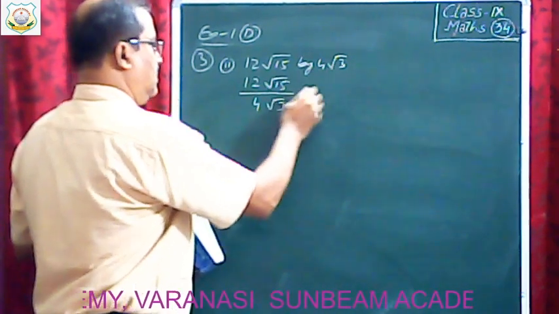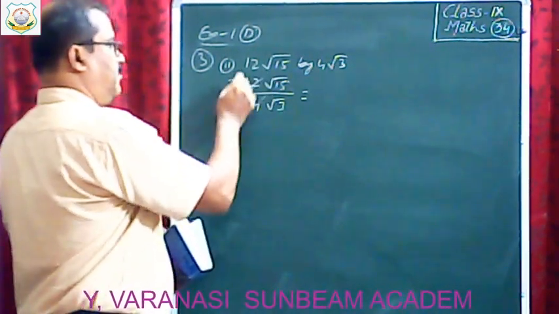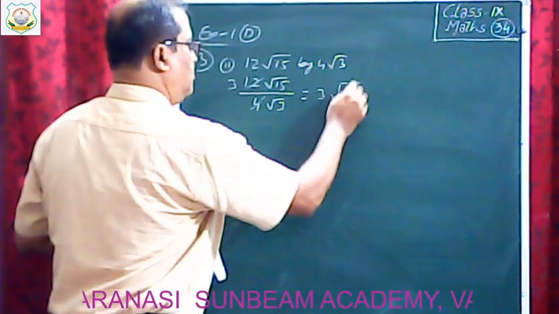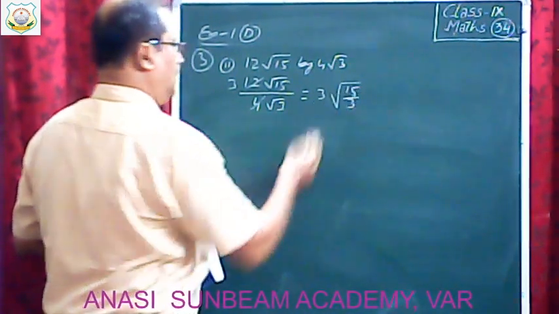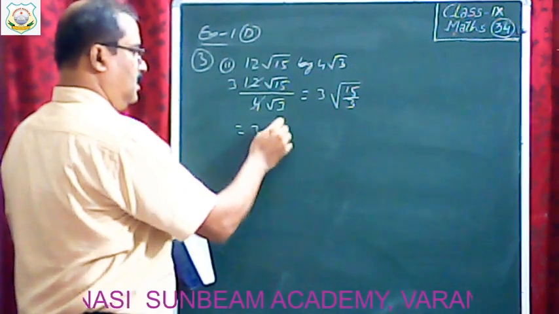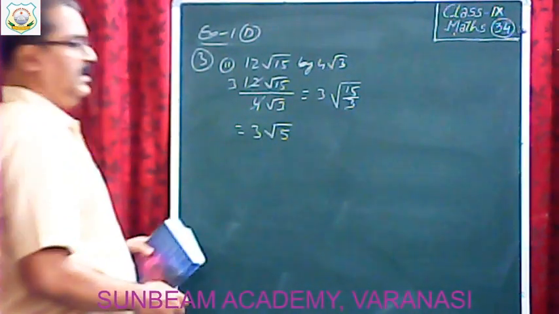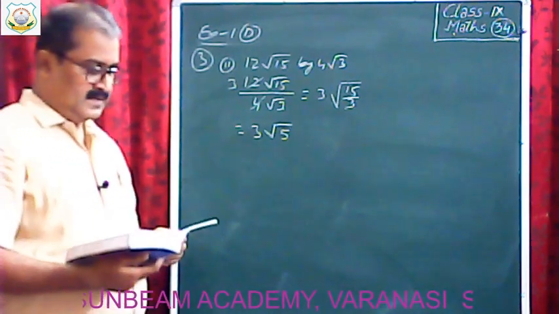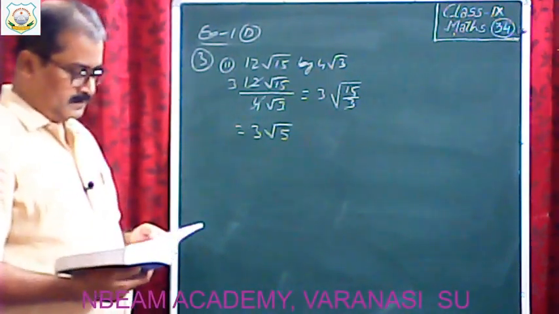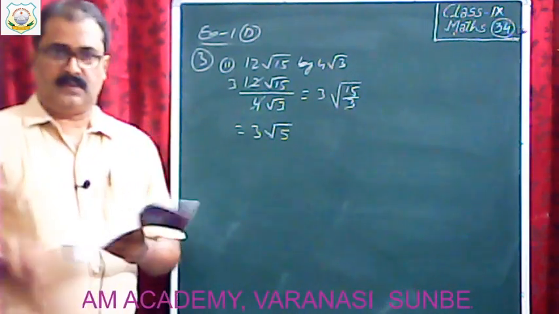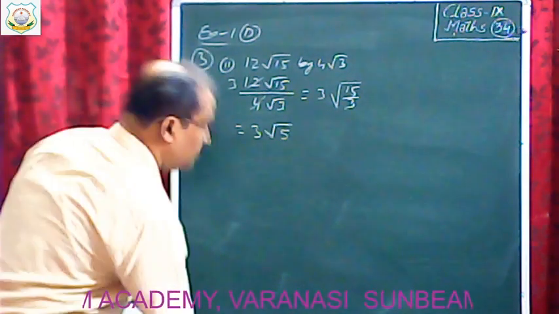You have to divide. Divide rational number first. You get 3. Thereafter write square root 15 upon 3. So finally 3. After reducing you get 5. So 3 root 5 is your answer. So simple. Now proceed for some good questions. These are very simple.